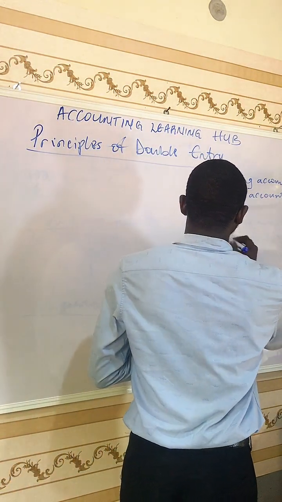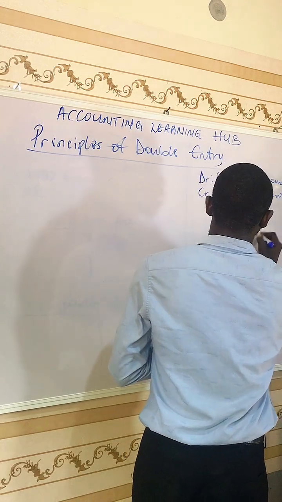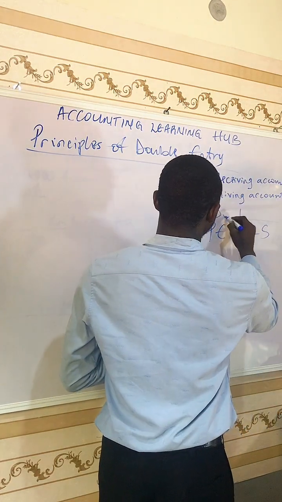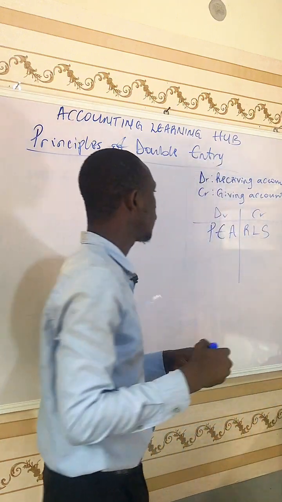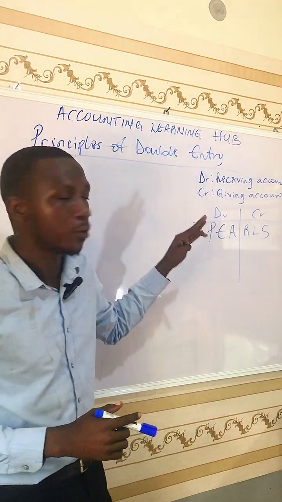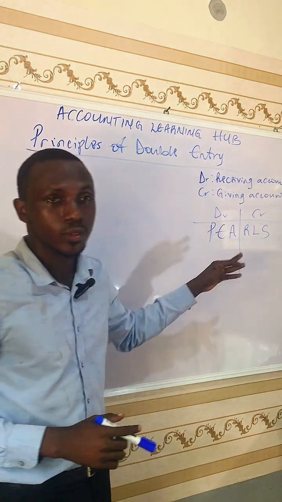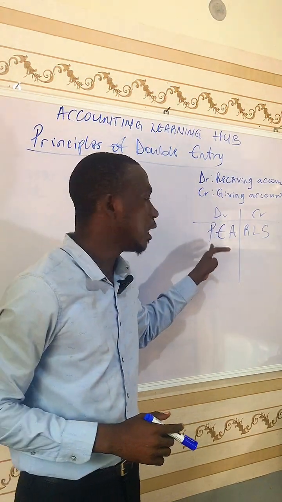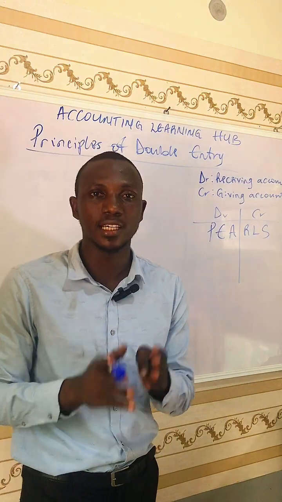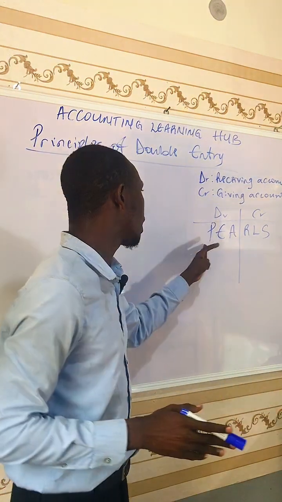There is another way for you to have double entry problems solved easily. There is a formula, PEA, debit, credit. The P stands for purchases. Whenever we perform a transaction and there is a purchases account, it will be debited.